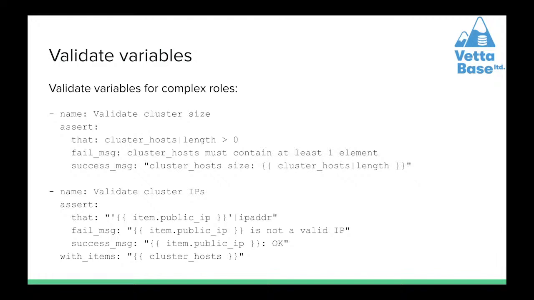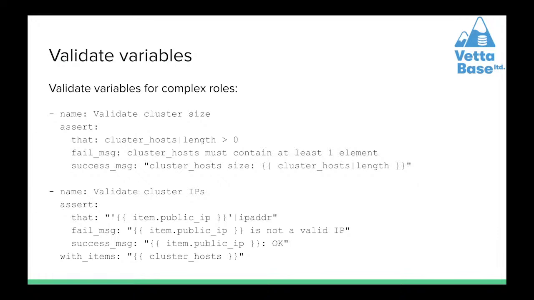I wanted to show here that it can be important to validate variables. I know that most people don't do this, but well, here I show a couple of examples. First of all, I validate the cluster size. As you can see, I'm using the length filters. I check that the result is greater than 0.